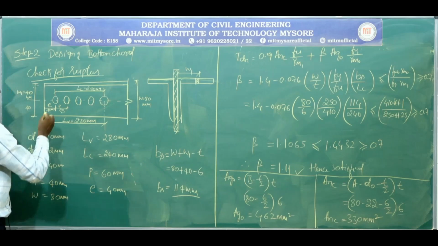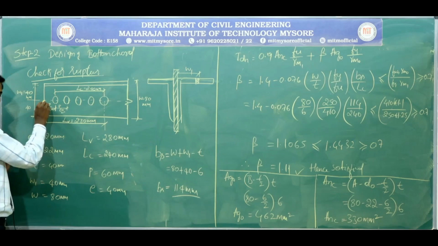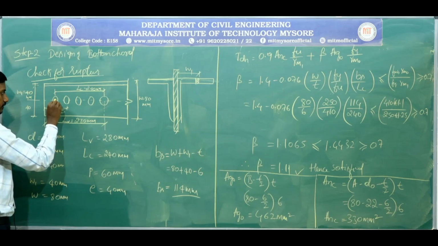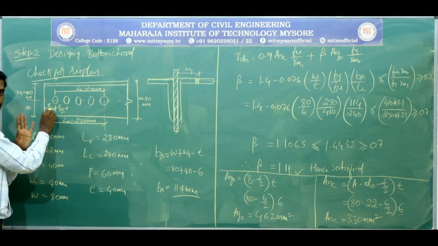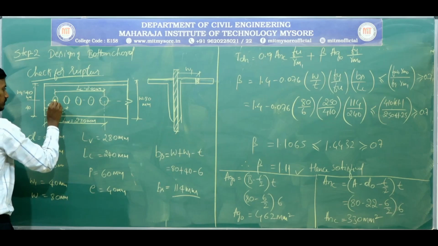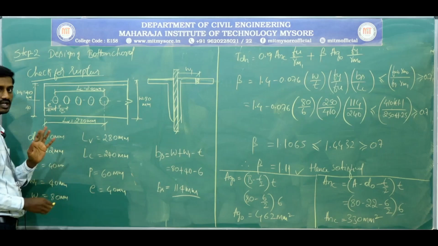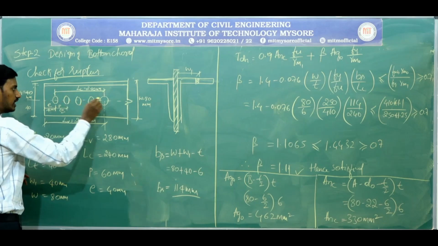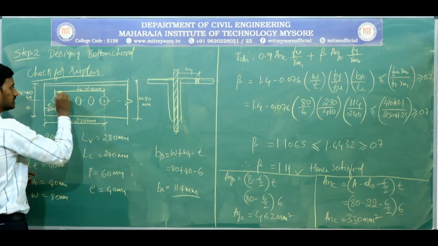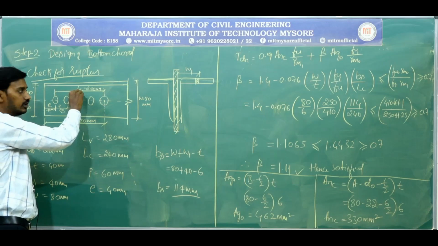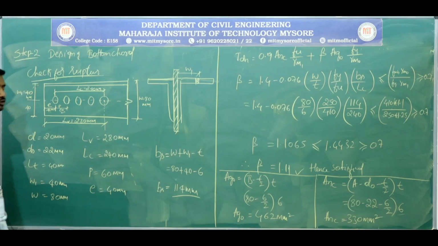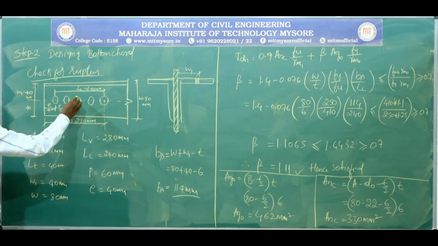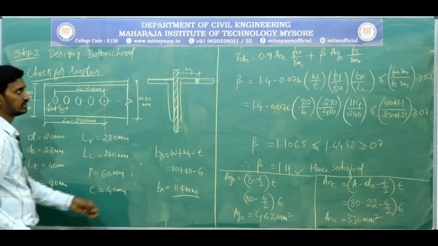Okay, so in this, from the edge of the plate to the center of the first bolt is called edge distance, we all know that. So same way, from center to center distance of the bolt is called pitch distance, but from the starting bolt to the end bolt center to center distance is called Lc or length of the connection as 240 millimeter.